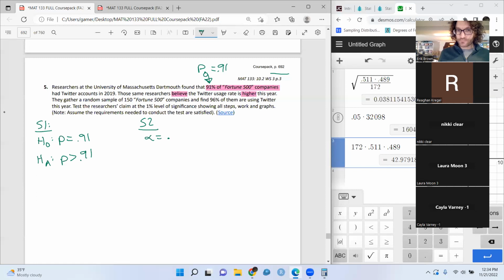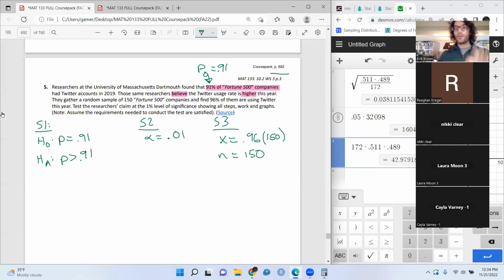Oh, that's the significance level, which is 1%, so it'd be 0.01 for sigma. Good. Then step 3, to get your number of successes, you had to do 0.96, which is the p hat, times the 150. And that's also saying that n equals 150.